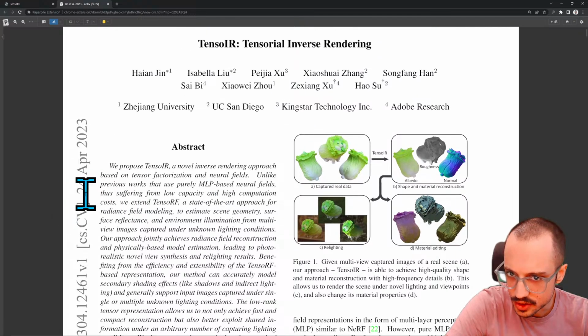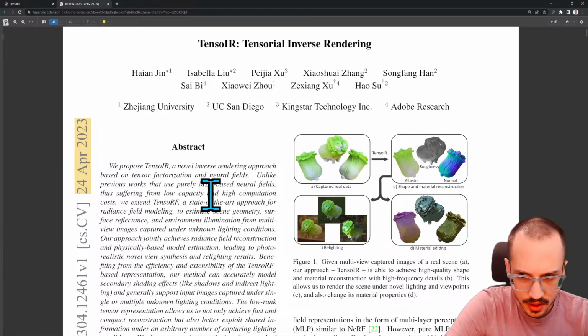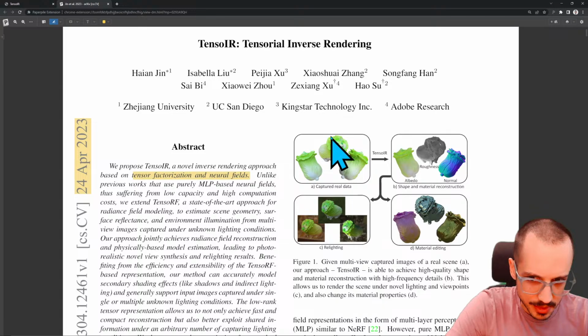So we have 24th of April 2023, so this is 3 days old. We propose TensoIR, a novel inverse rendering approach based on tensor factorization and neural fields. A neural field is the same idea behind a NERF.